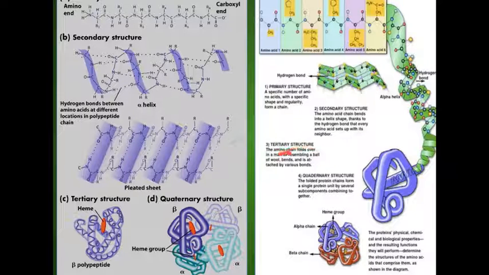There are various bonds present in tertiary structure to keep the protein structure together. Then we have quaternary structure, in which we see subunits. So here the chains form a single protein by various subcomponents coming together. Hemoglobin, as we learned, is an example of the quaternary structure.